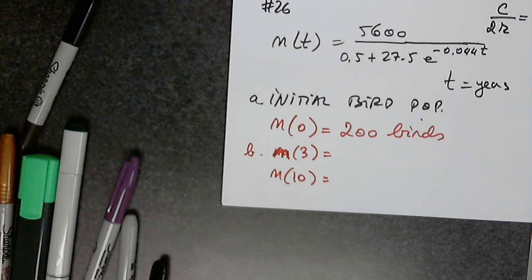And then 5,600 divided by, in parentheses please, 0.5 plus 27.5 times e, in parentheses please, negative 0.044x, close the parenthesis for the power, and then come down and close the parenthesis for the denominator. Be very careful, we need 2 sets of parentheses: parentheses for the exponent of e and parentheses for the denominator.